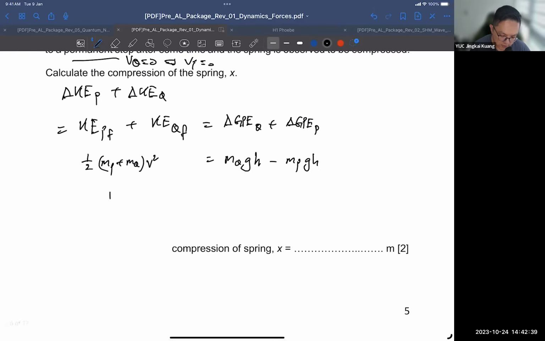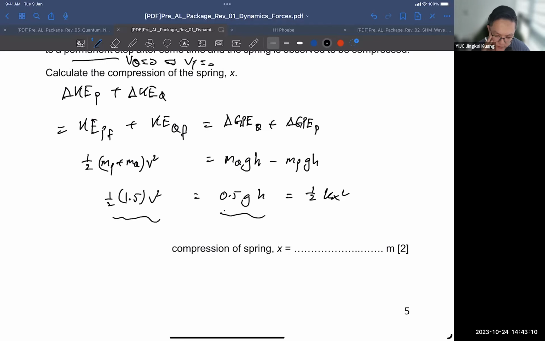Start with numbers: half times 1.5 V squared equals (1 minus 0.5) G H. This is the KE that you will have, this is the GPE that will be lost, and this equals half K X squared of the spring if everything is lost.